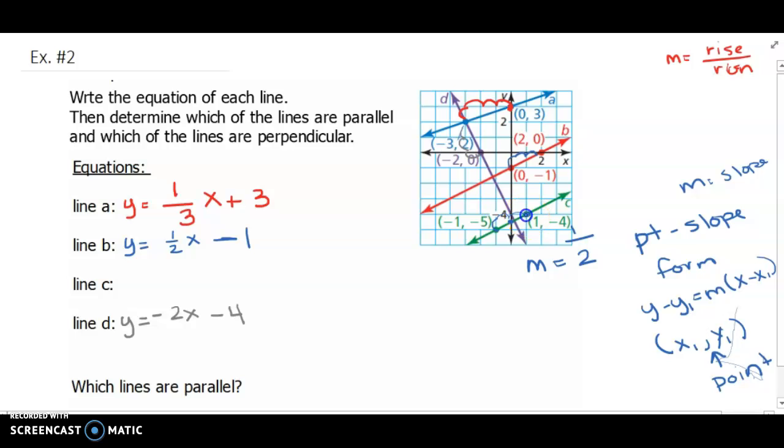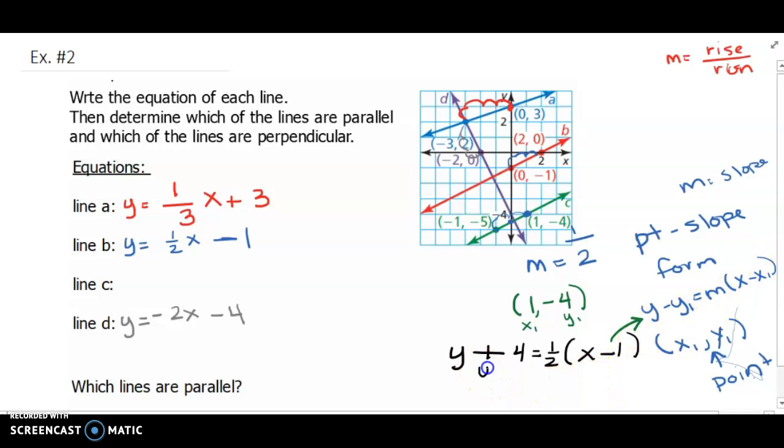So I know my slope is 1/2. Now I can pick: do I want to use 1, -4 or -1, -5 as my point? It doesn't matter. I'm just going to use 1, -4 as my point. So this is my x1, this is my y1. I'm going to put it in this form right here. So y minus my y1, which is -4. So minus a -4 is a +4. Equals my m, which is 1/2, times x minus my x1, which is 1. Now I can clean this up.